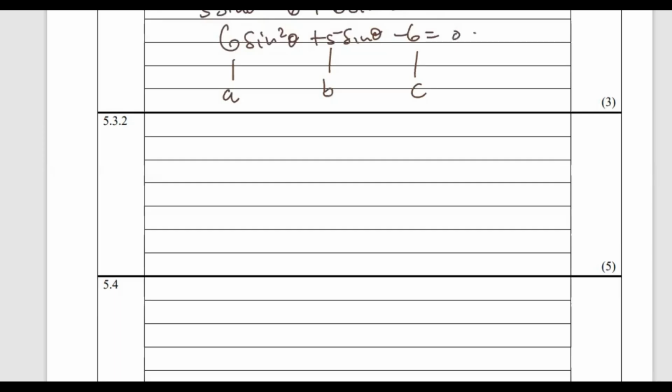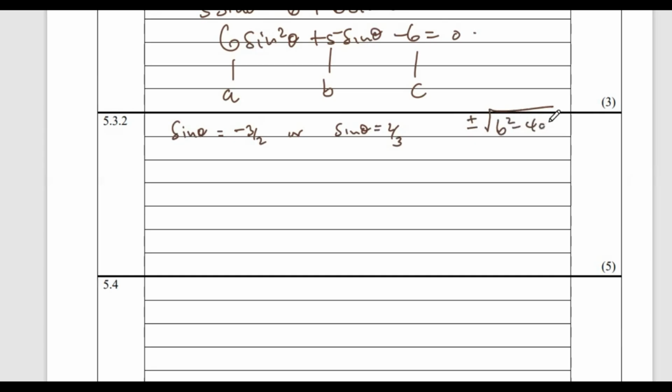So I'm having the first x. Now remember, our x's are representing the sine theta. So you can have sine theta as a negative 3 over 2, or the sine theta as a 2 over 3, after using the quadratic formula.